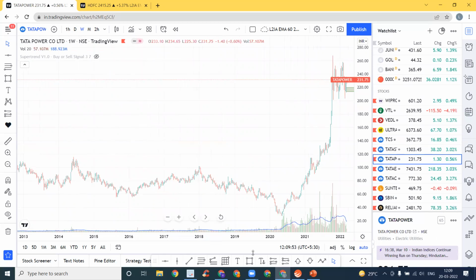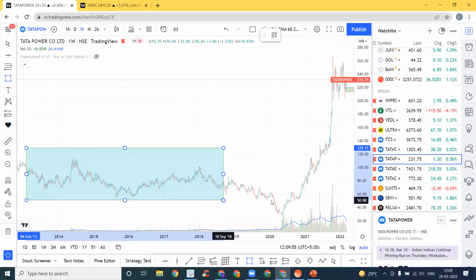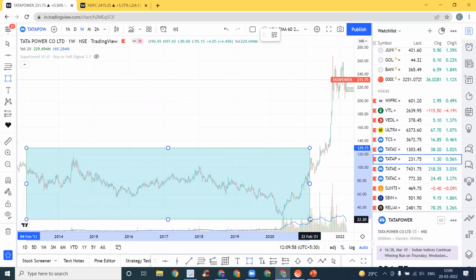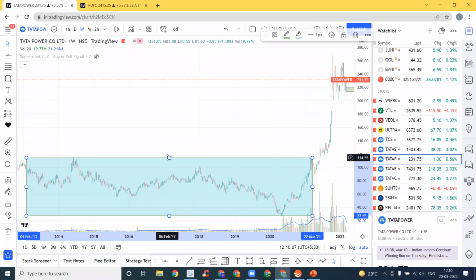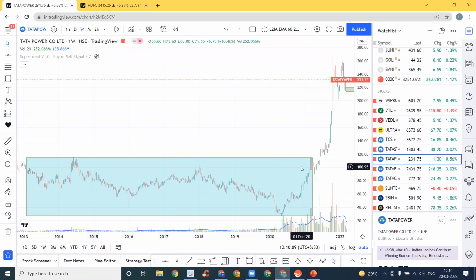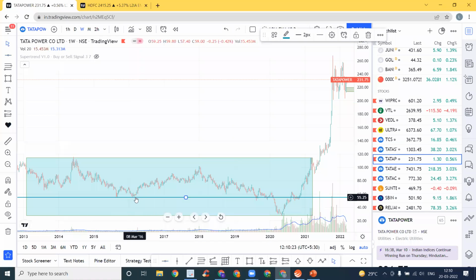This stock was continuously in a box movement kind of thing. ये उसका रेंज था, 70, 80, 90 पे जाता था. ये तो बहुत लो है because of that COVID problem, but it used to go up till this level. And then 120 तक जाता था और वापस नीचे आता था. यही एक continuous pattern था. परेशान होके हमने बेच दिया.